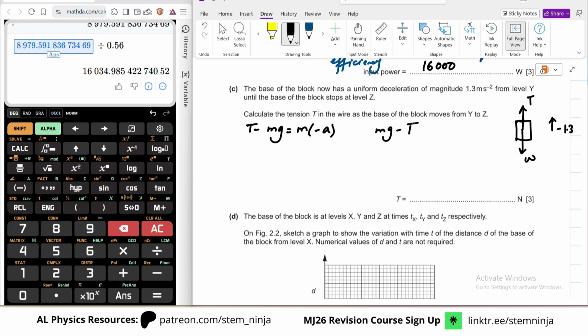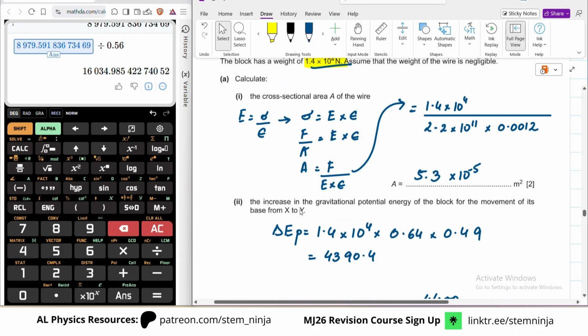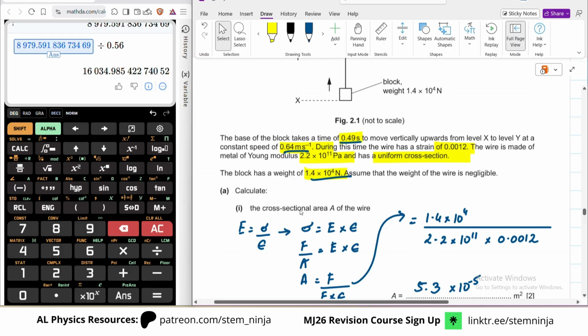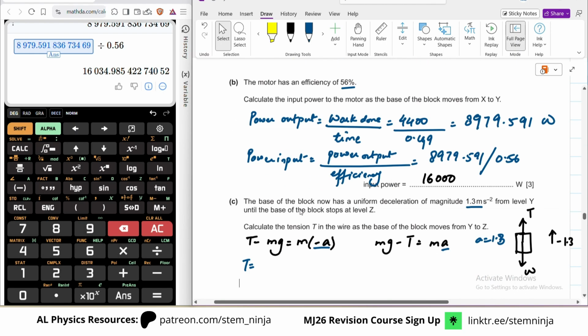So mg minus T is equal to ma, where in this case a would be just 1.3, and over here we can use minus 1.3. Either way you will get the same answer. Since we want T, I wrote it this way. So they gave us the weight, 1.4 times 10 raised to power 4.